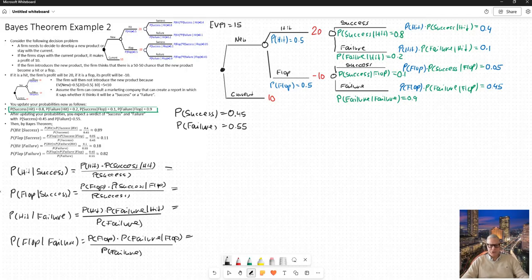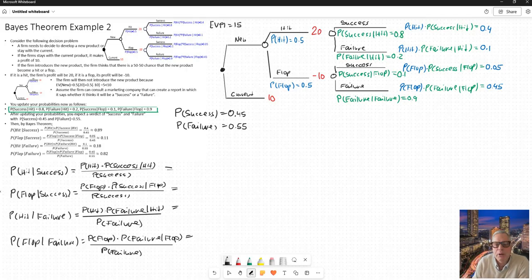The way to think about it is you approach the marketing company with an initial probability that it is a hit, and then you ask, okay, what's the probability that if they look at it and think it is a hit, they come back with success, over the overall probability that they come back with a success.